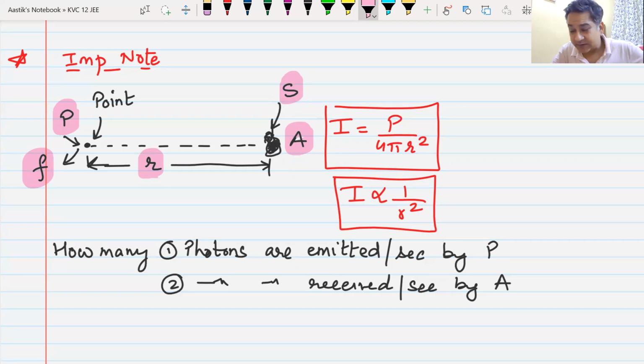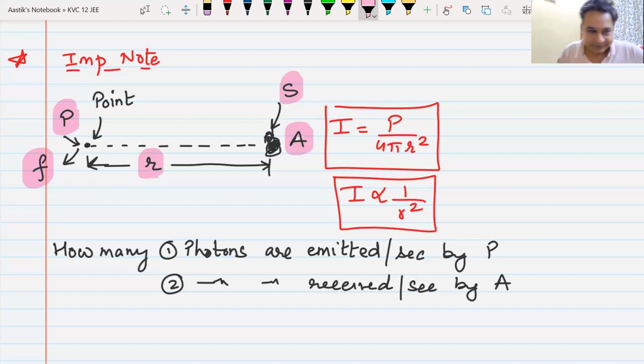Second one cannot be same. If the second one is same, imagine what will happen on Earth, beta. Imagine A is Earth and P is Sun. Whatever energy Sun is emitting, if we get the same energy, we'll burn. We cannot withstand so much energy. Do you understand this? Cannot be same. And think about Neptune and Pluto, they hardly get any photon emitted by Sun.